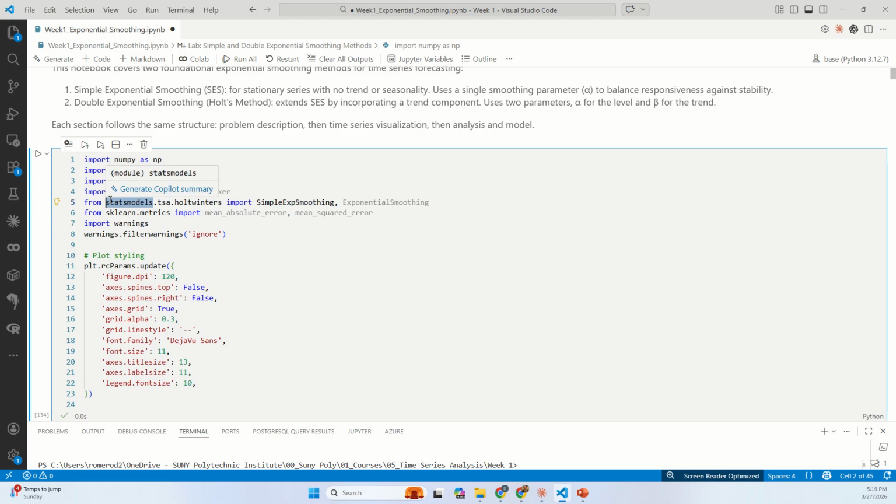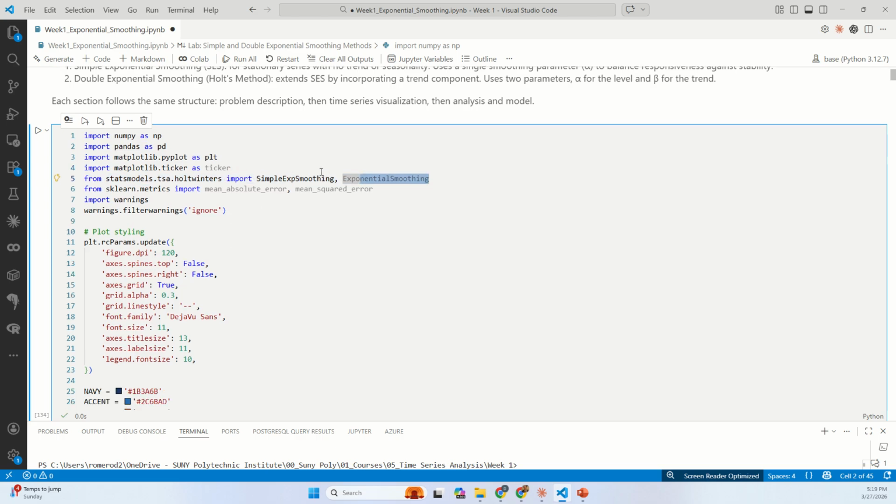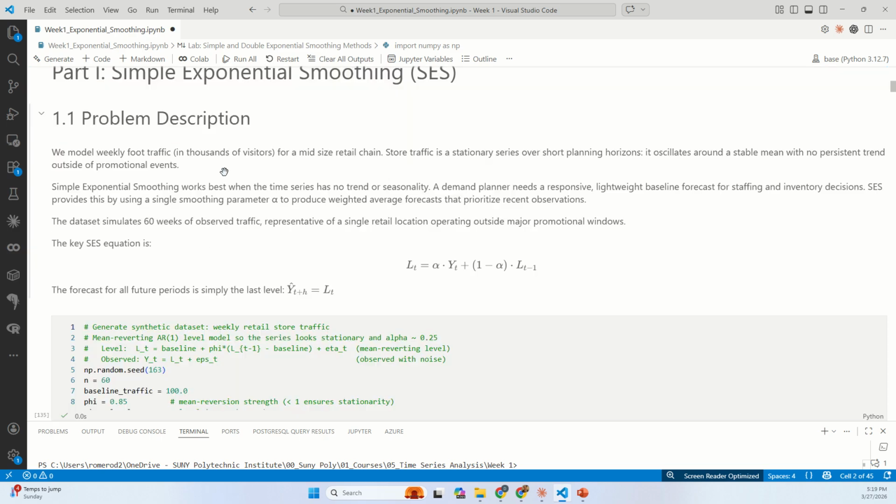But the nice thing about statsmodels is that it provides a lot of information: tests, statistics, it checks some hypotheses. So it's a nice package in general for regression, classification, and time series. From here, we're going to use the simple exponential smoothing, and here you can also get the exponential smoothing method.